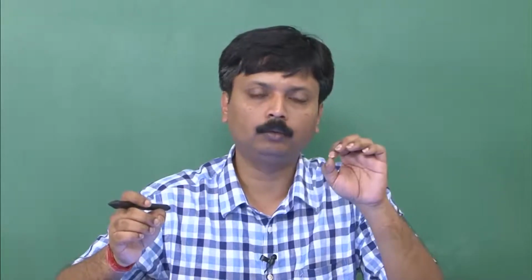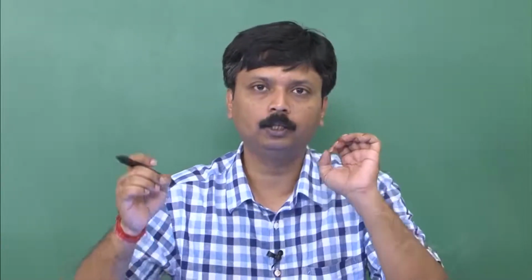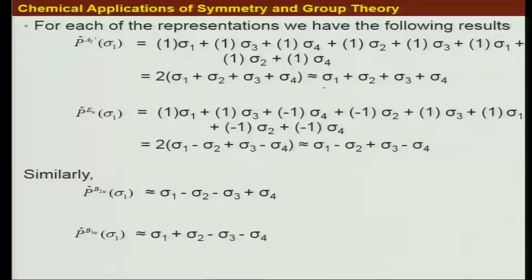Meaning that this combination, adding sigma 1, sigma 2, sigma 3 and sigma 4, whether this particular linear combination really transforms as the AG representation or not. Okay, so this will be AG.